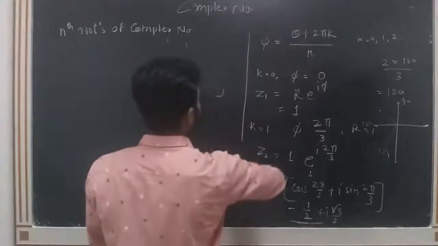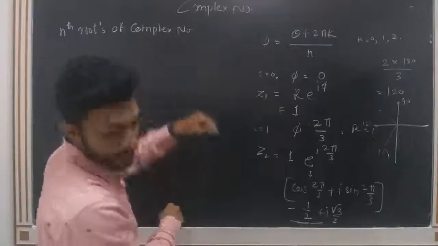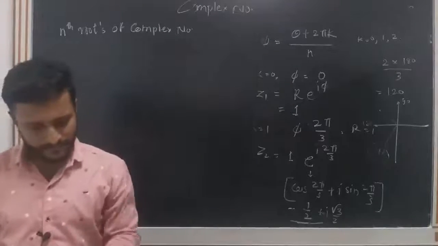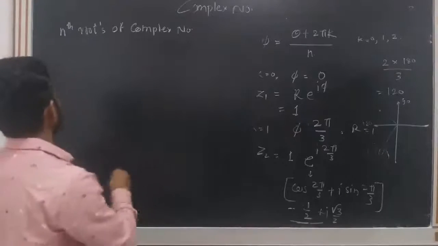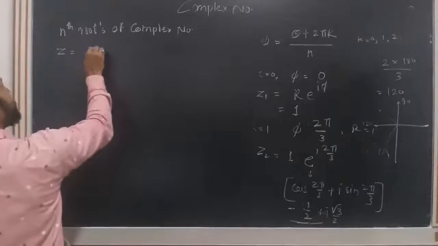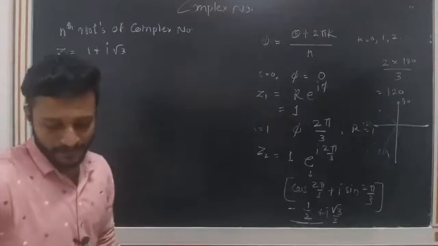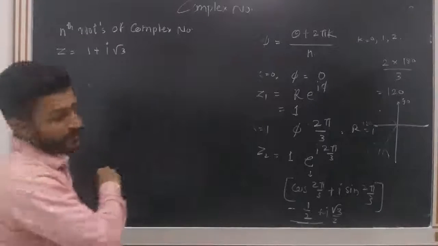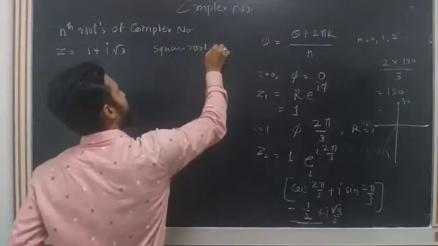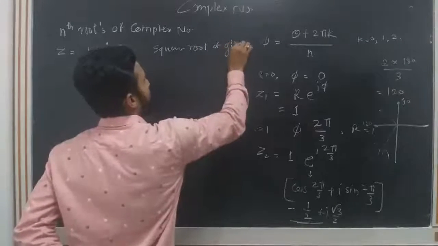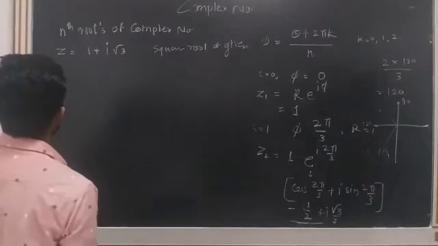One more problem we will take, and then we will go through the logarithm of a complex number. So if z is equal to 1 plus I root 3 is the given complex number, we want to find out the square root of the given complex number.